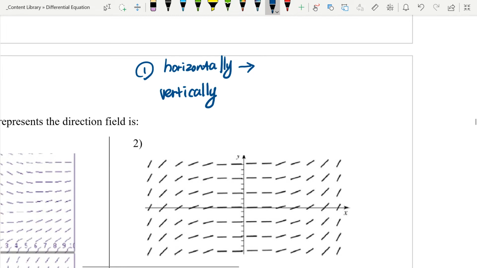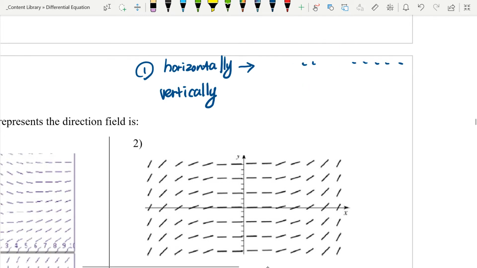Think about all the points on one horizontal line. In the Cartesian plane, on this horizontal line, what value doesn't change, the X value or the Y value? The Y value doesn't change.